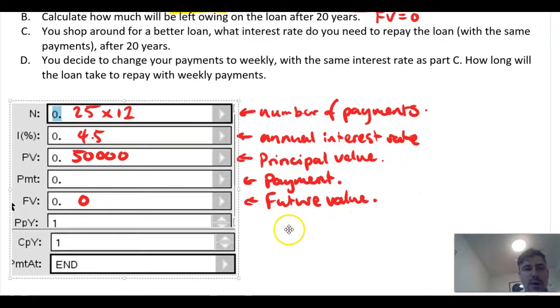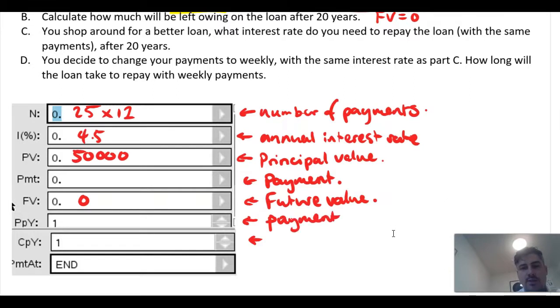Lastly, we do the payments per year and the compounding periods per year. Now these usually always match, usually. Just be careful to read the question in case they've thrown a trick in there. Payments per year, and if you pay on a certain schedule, they'll usually do the compounding periods on the same schedule.